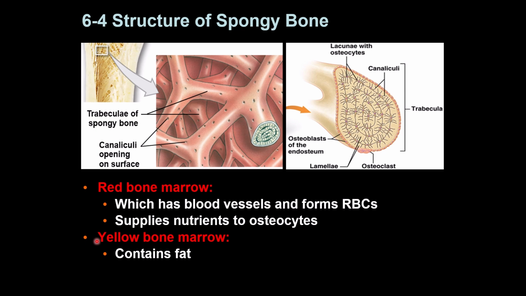So at a younger age, most of the bones have red bone marrow. As you get older, it changes. Some of them will remain, like flat bones will remain and contain red bone marrow, but long bones will change, and they will contain fat.